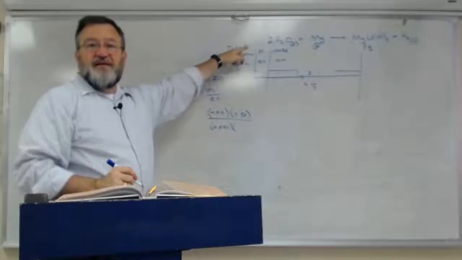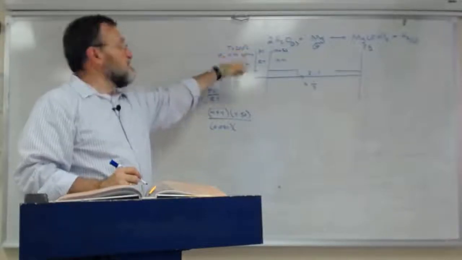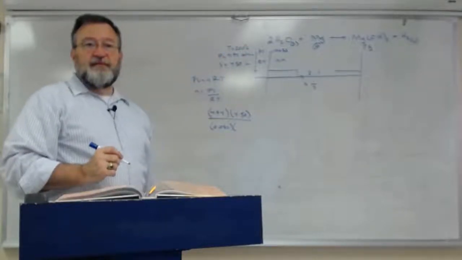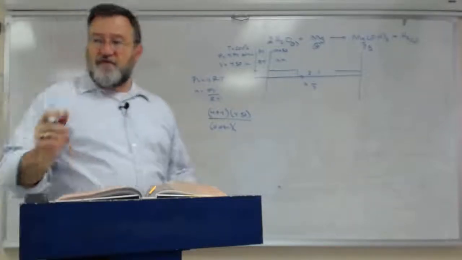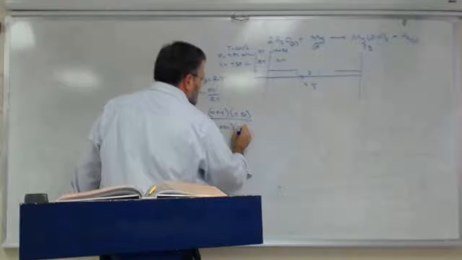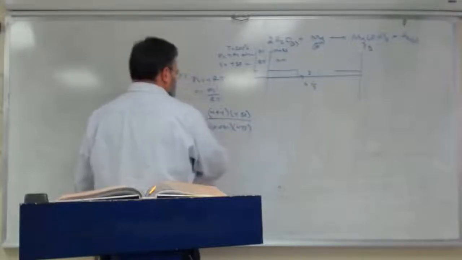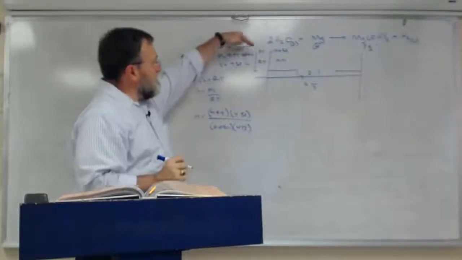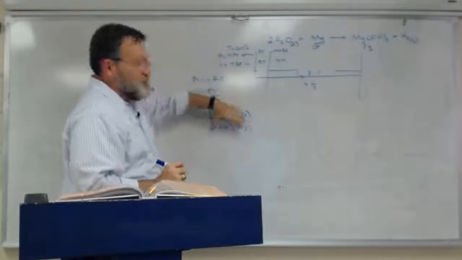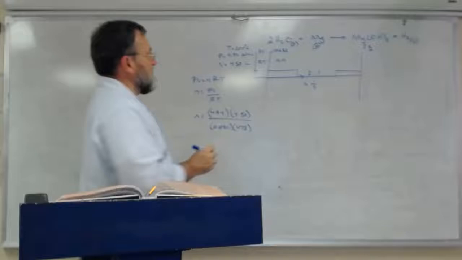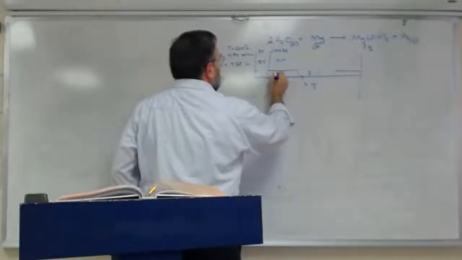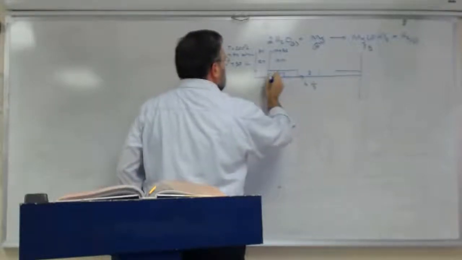So what is my temperature here in Kelvin? 473. Good, so 473 K. That's how many moles I have, PV divided by RT. The book gives me 0.572 moles.